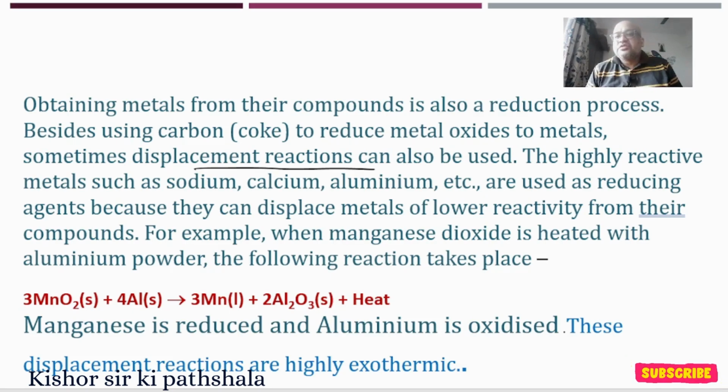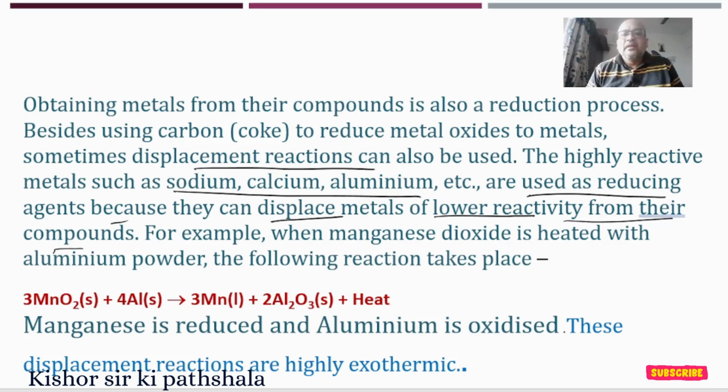So that process we are using here. The highly reactive metals like sodium, calcium, aluminum are used as a reducing agent. Why? Because they can displace metals of lower reactivity from their compounds.